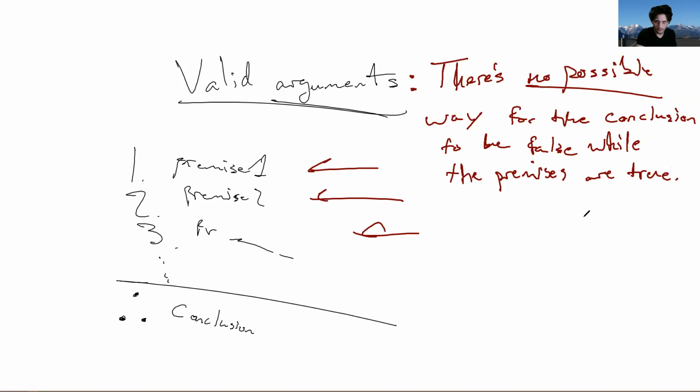So one way to show that an argument is valid is something like this. If I have the argument where premise one is, so I don't need it to be as big anymore.